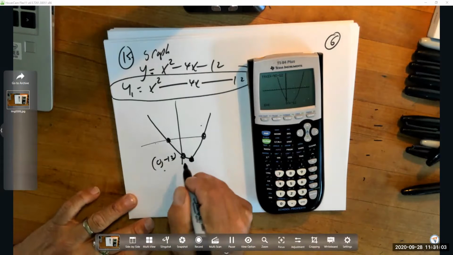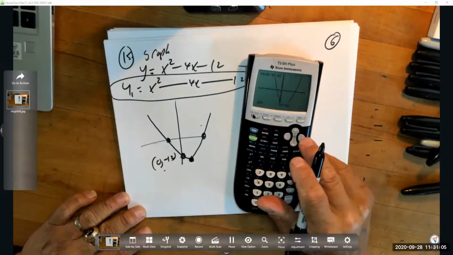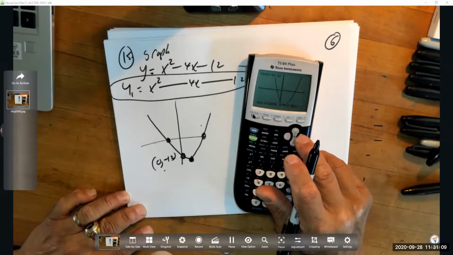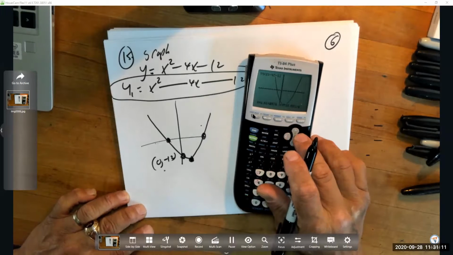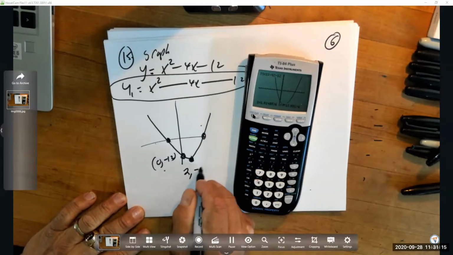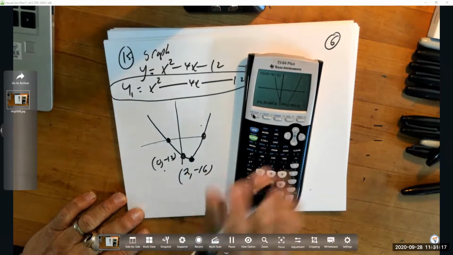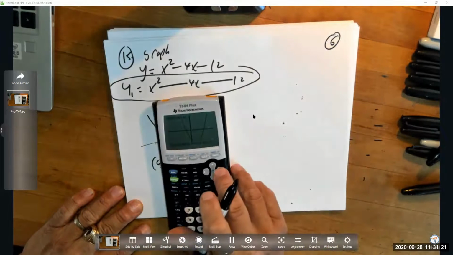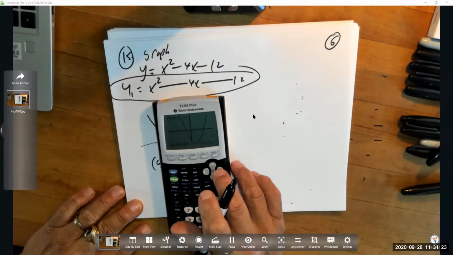Then if I move to the right a little bit, I get 2 and -16 with this dot. And then this dot over here, let me see what I get for that one.